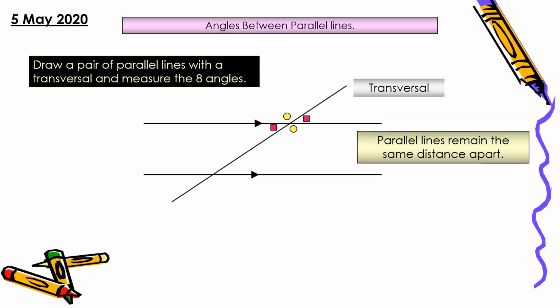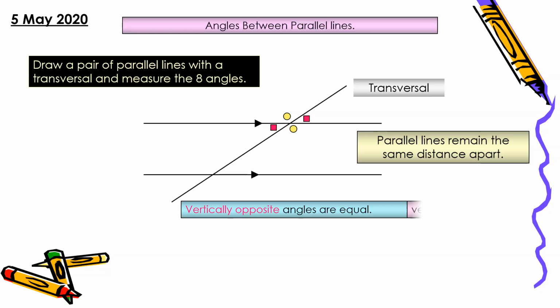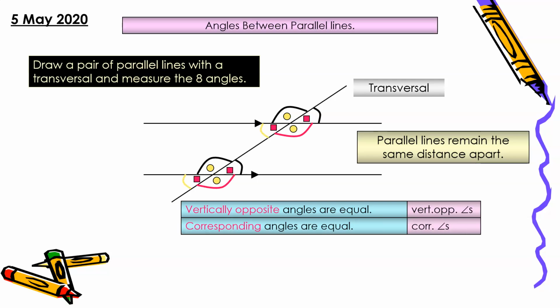So you can see we've got the circles there, which are vertically opposite each other. We've got the squares, which are vertically opposite. And with those rules, we know that vertically opposite angles are equal.